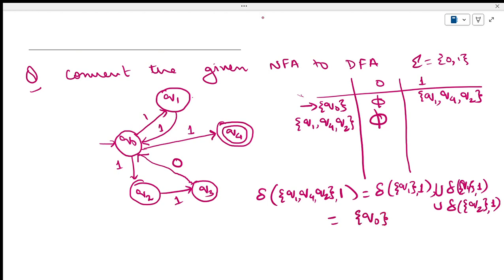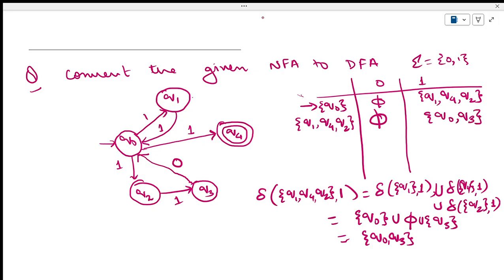Q4 on reading 1 is giving us phi as there is no transition of 1 on Q4. Similarly, Q2 on reading 1 is going to state Q3. So we have Q naught, Q3.